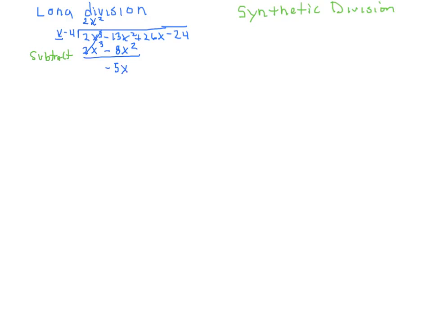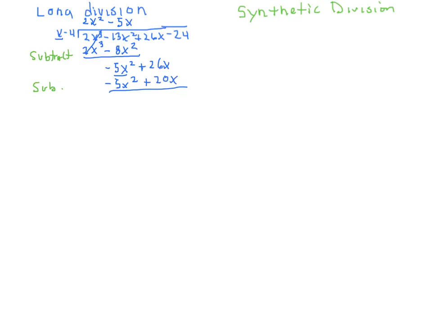I bring down my next term, and I say, what do I need to multiply x by to get negative 5x squared? Negative 5x. So that's negative 5x squared plus 20x. Again, I remember that I'm going to subtract.